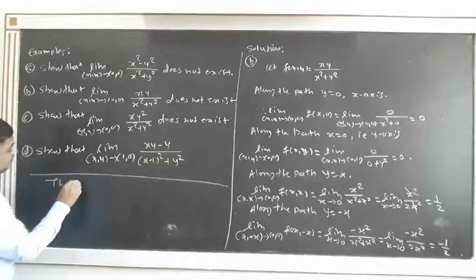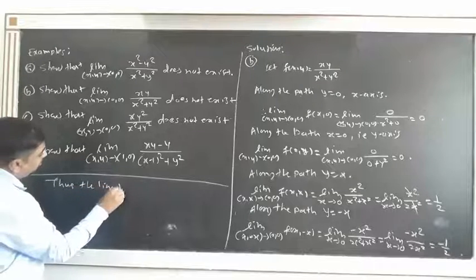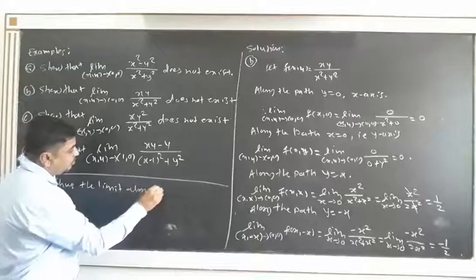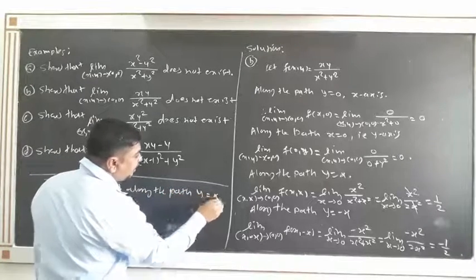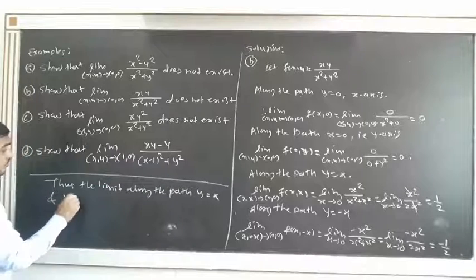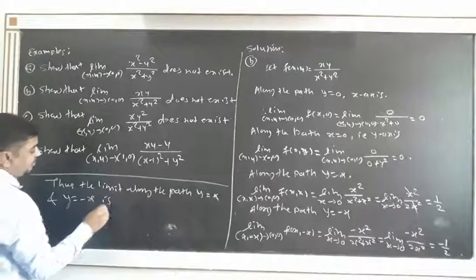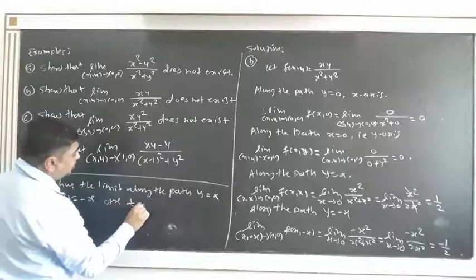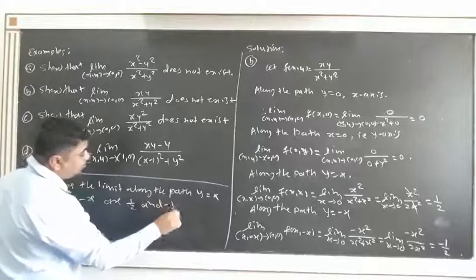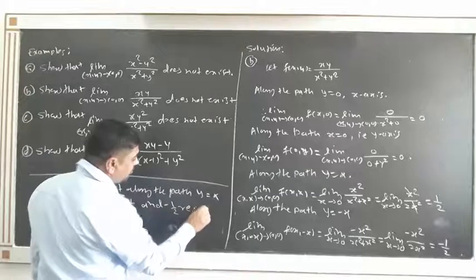Thus the limits along the path y is equal to x and y is equal to minus x are 1 upon 2 and minus 1 upon 2 respectively.